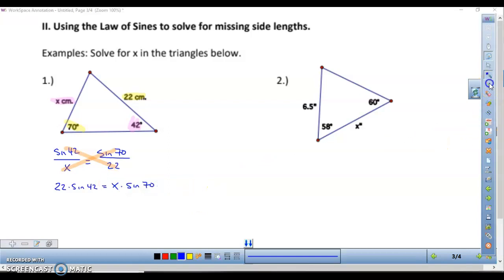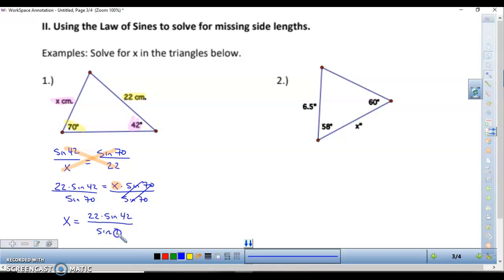My objective here is to get x all by itself, so I'm simply going to divide both sides by the sine of 70. So I end up with x equals 22 times the sine of 42 degrees divided by the sine of 70 degrees. I need to punch that in my calculator to get my solution.